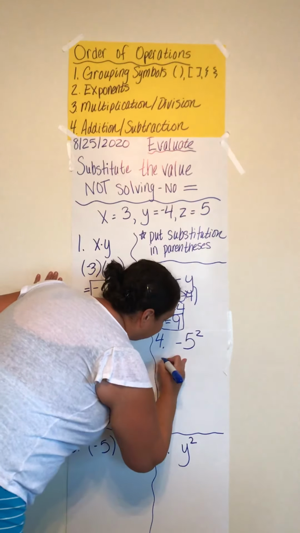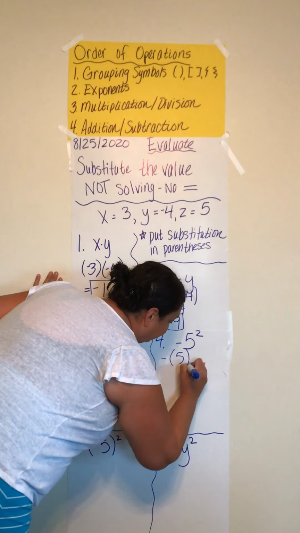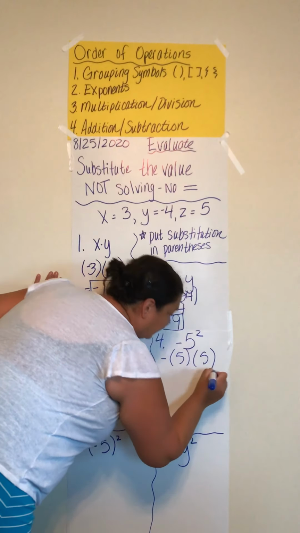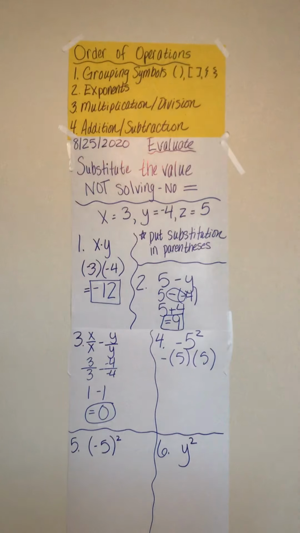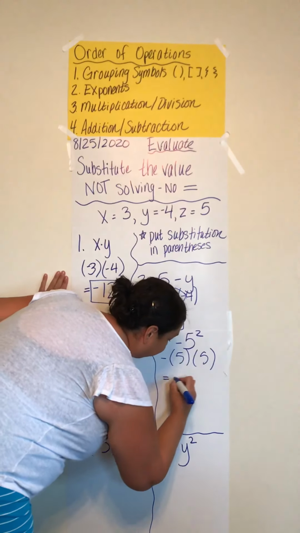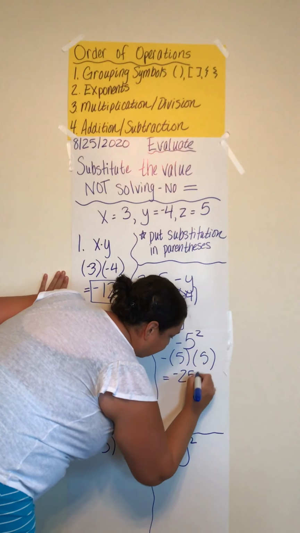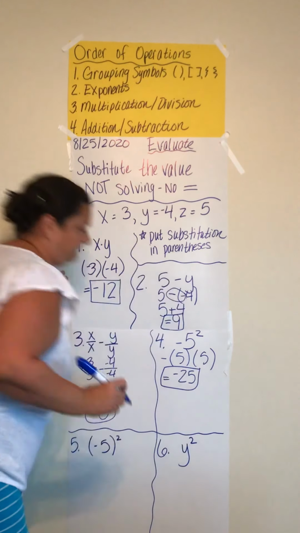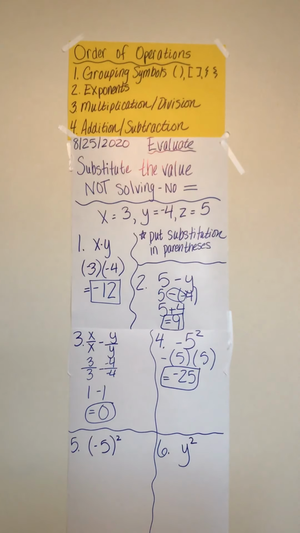We'll bring that negative down, and we'll just do 5 times 5. 5 times 5, 25. And we'll bring that negative sign down with us as well. So again, in this scenario, we only squared the 5 because that's what the square was connected with. It was not associated with that negative sign.